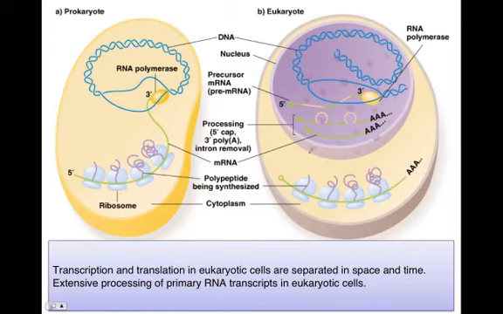This differs significantly in mammalian cells, where the process of transcription happens within the nucleus, and a messenger RNA is mature and exported out of the nucleus, where it's translated in the cytosol of the cell by ribosomes. The separation of these two processes, transcription and translation, in eukaryotic cells is a key difference between eukaryotic cells and prokaryotic cells.